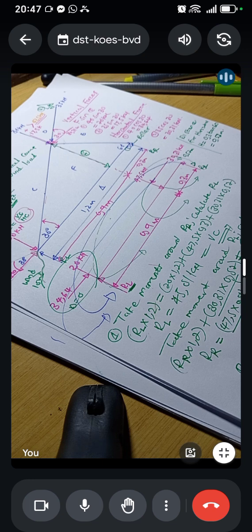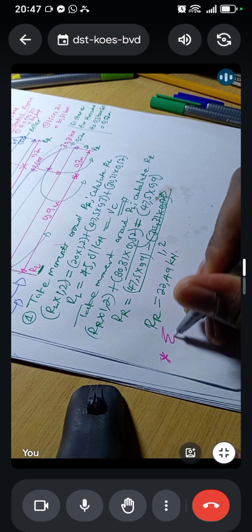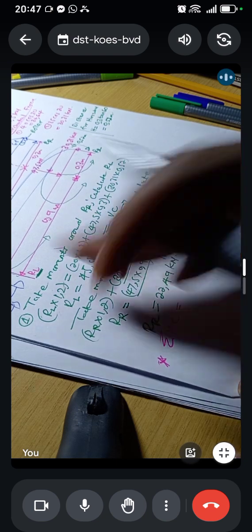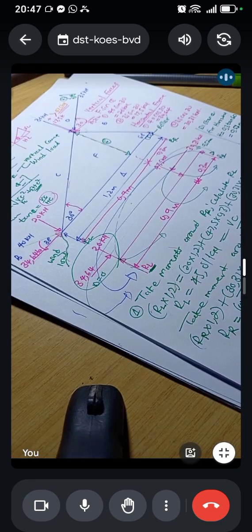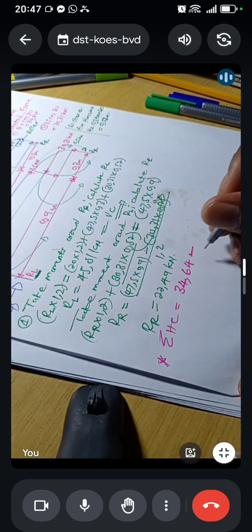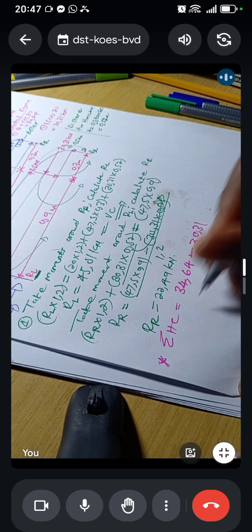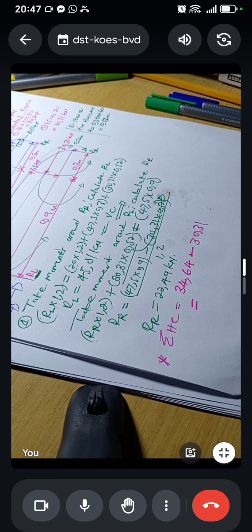The first horizontal component is going to the right, which is 34.64, and the other one is going to the left, which is minus 30.31. What is the answer? 4.33 kilonewtons.